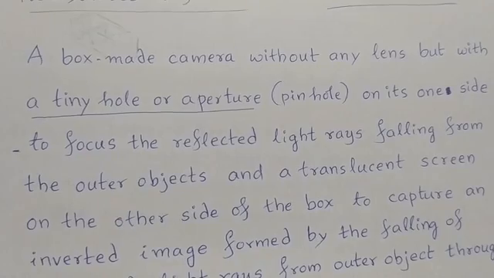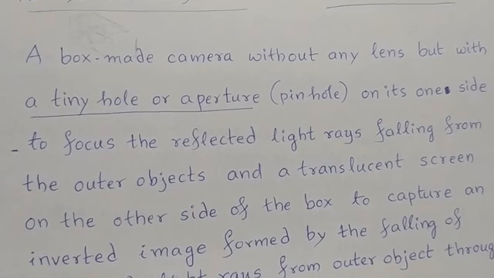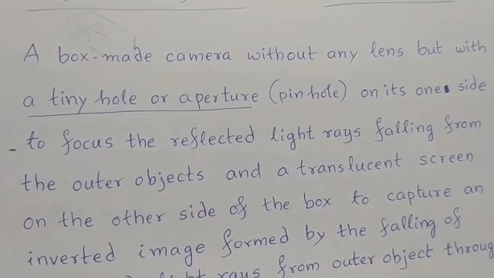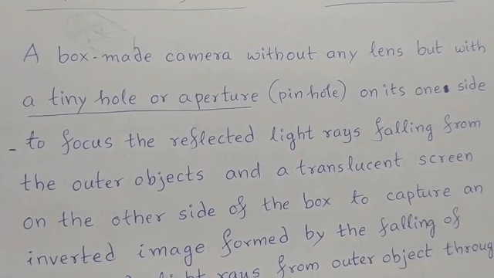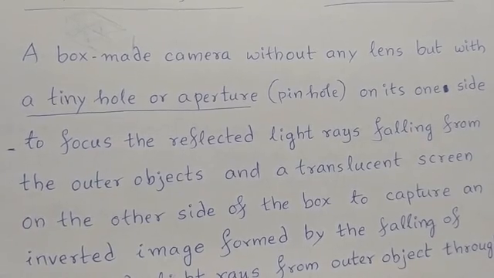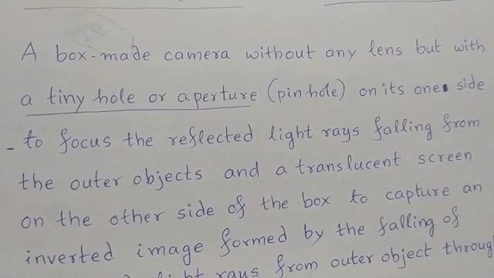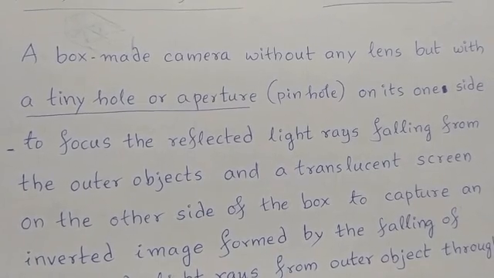So whenever light is falling on any object, some amount of light is absorbed and the remaining amount of light is reflected back. What is reflection? That also we have learned in the first class itself of this chapter, in yesterday's class.